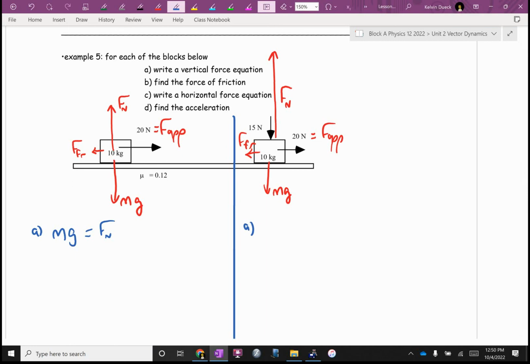There's something else pointing down. Say it loud and proud, the two of them. And what would I write instead of the word and, mathematically? Yeah. Everything down has to equal everything up. There's my vertical force equation here. You okay with that? Okay.